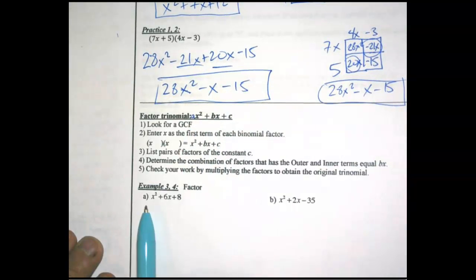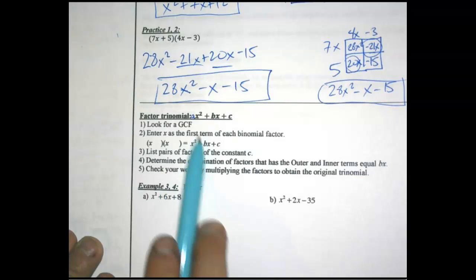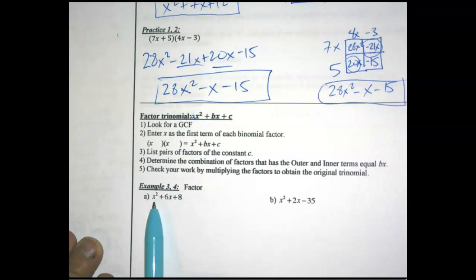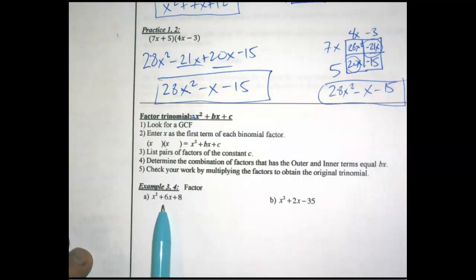So if I relate ax squared plus bx plus c to this, a is the coefficient of the squared term, the quadratic term. Squared term and quadratic term are the same thing. B is the coefficient of the linear term. The linear term is the one that just has x, not x squared. Basically x to the first power.